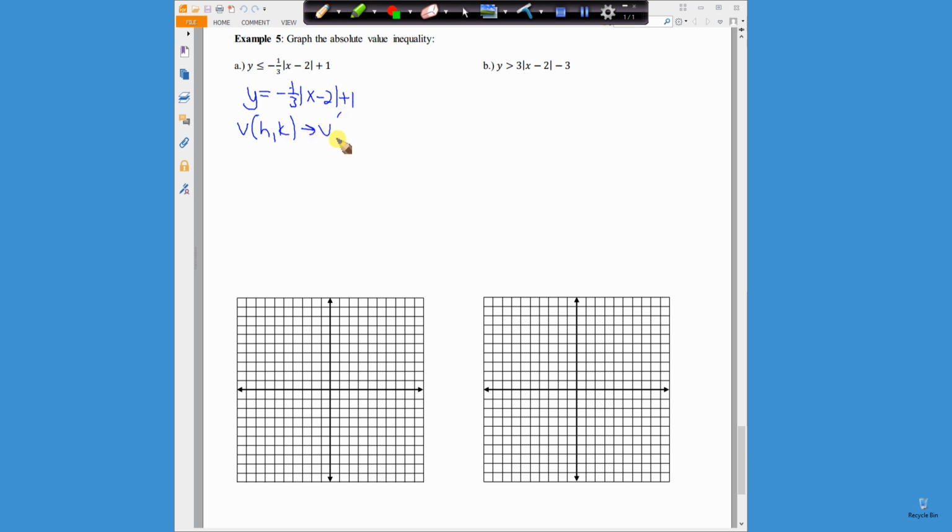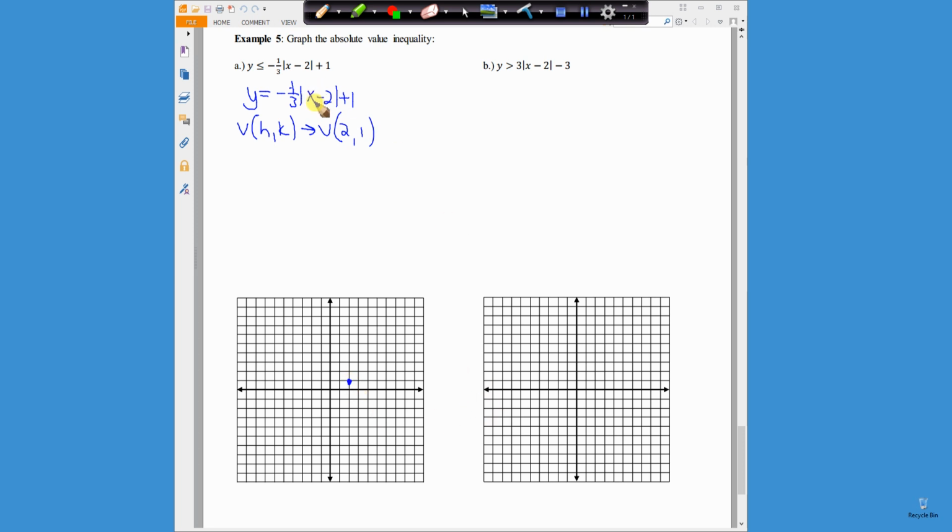So in our example, the vertex here is at (2, 1). Remember, this is -2, so h is actually 2. This is the normal standard form of an absolute value function. And so here's my vertex (2, 1). I can plot that point, over 2 and up 1 here. This is my vertex.